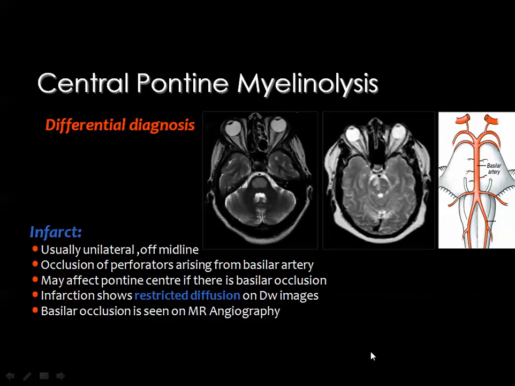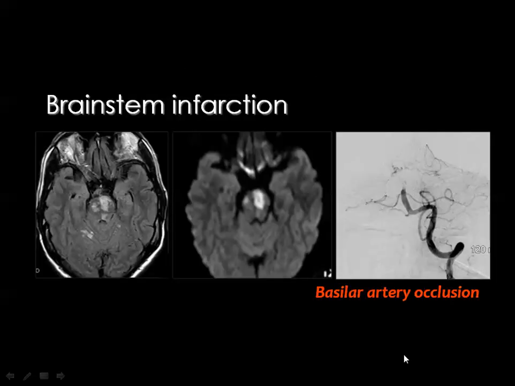And number two, infarction will show diffusion restriction, while central pontine myelinolysis will show, in most of the cases, free diffusion. And the pontine infarction may be central if the basilar artery itself is occluded, and at that time you can see the occlusion of the basilar artery on the MRI angiography or CT angiography.